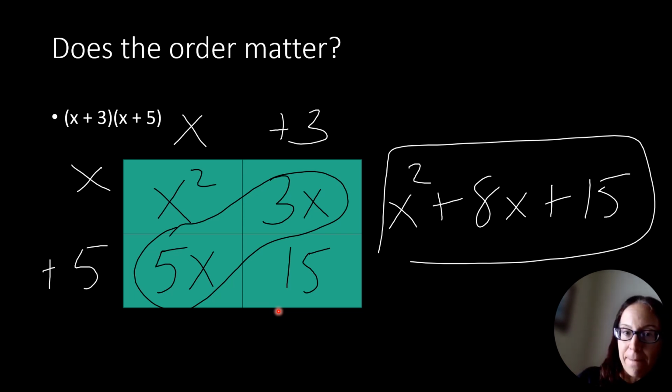No, it does not matter. And here's why it doesn't matter. It doesn't matter because multiplication is commutative. It's just going to change whether you get the x plus 5 on the left side or whether you get it across the top, but it's not going to change your final answer.